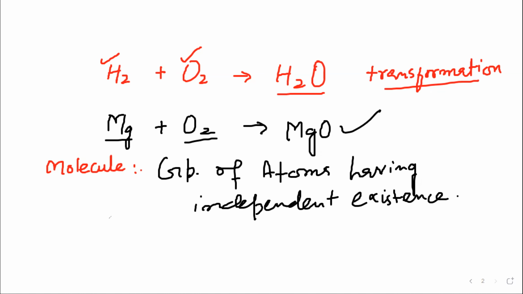So atoms were not having independent existence, but this molecule will definitely have independent existence, right?